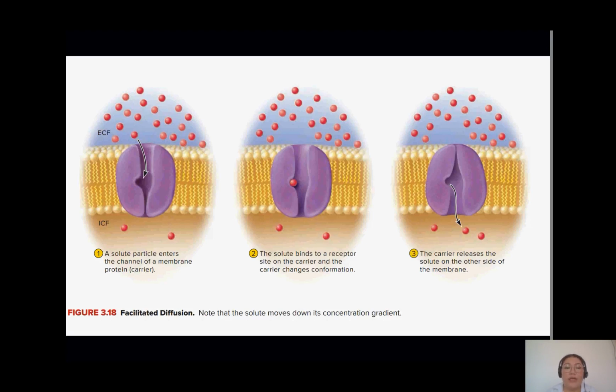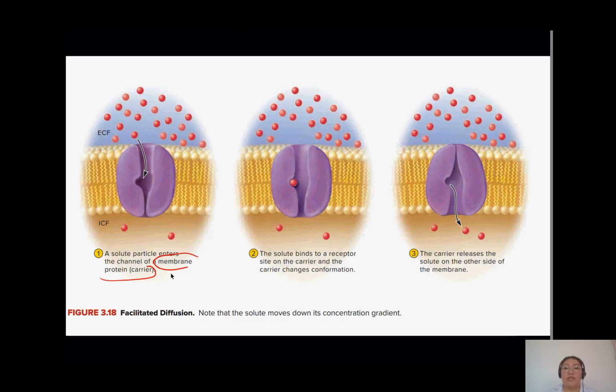You can see that the membrane protein, the carrier, helps provide the movement from outside the cell to inside the cell, but without any source of energy. It doesn't require any energy.